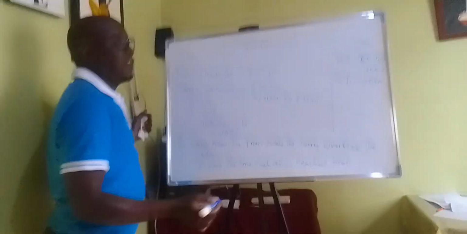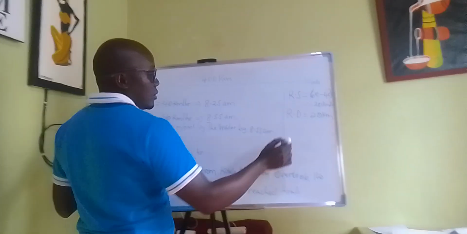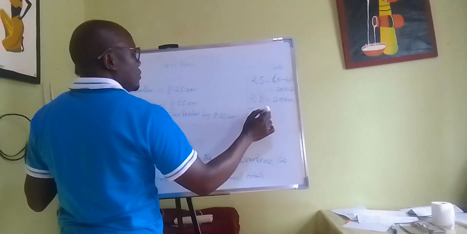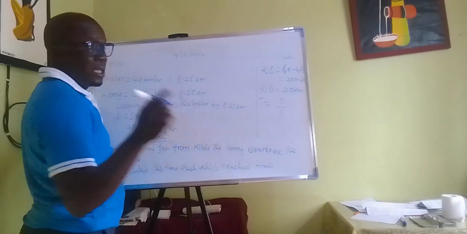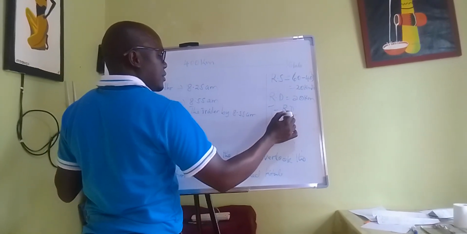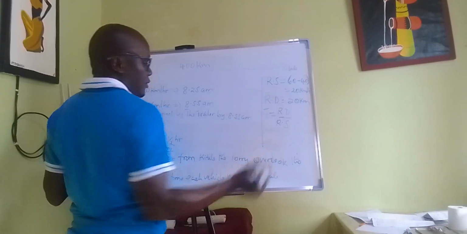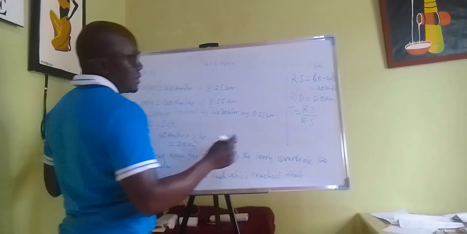Then now it's very easy to get the time. How do we get time? We know time is equal to distance over speed. In this particular case, we have the relative distance over relative speed. What's the relative distance?